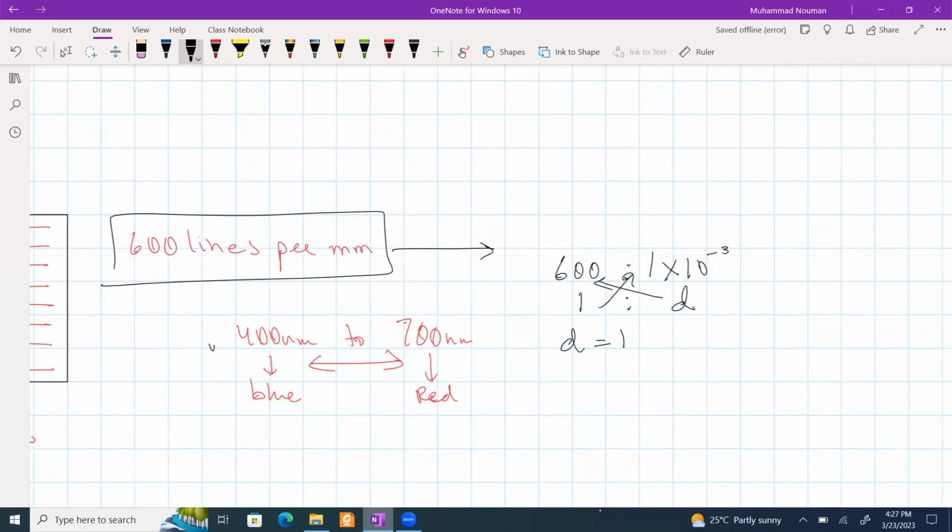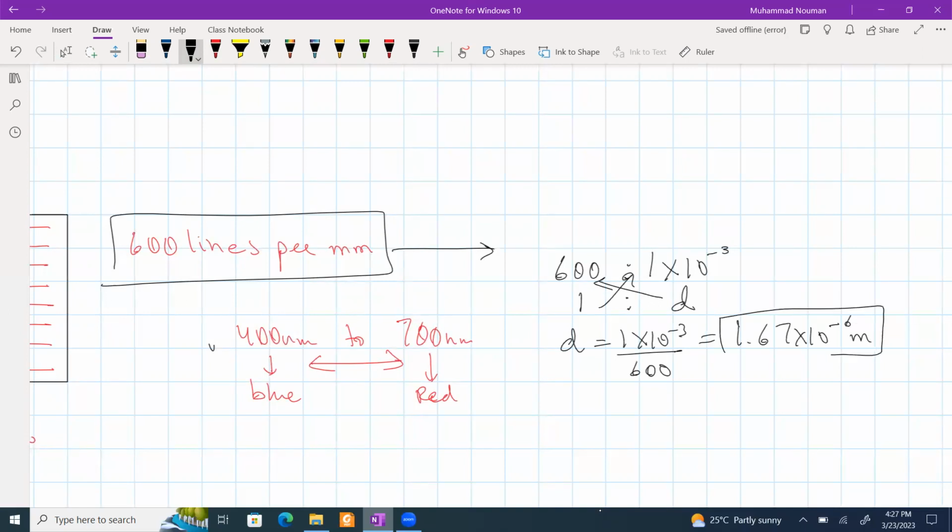D will be equal to 1 into 10 exponent minus 3 upon 600. What answer comes? 1.67 into 10 exponent minus 6.